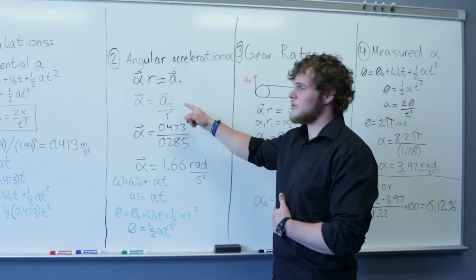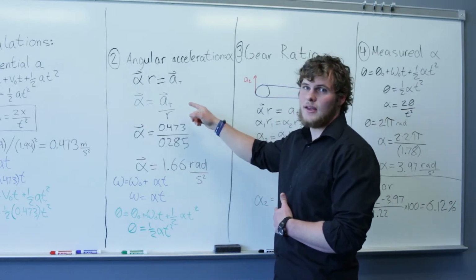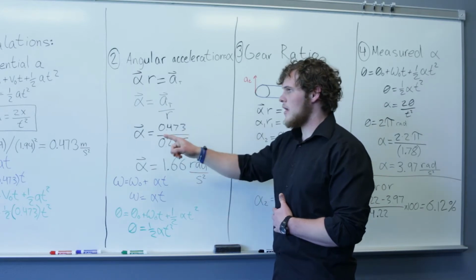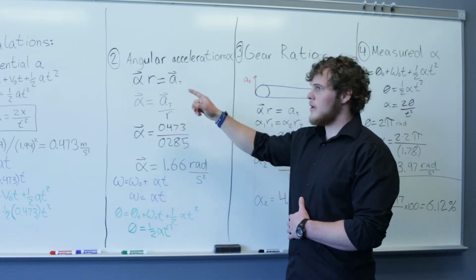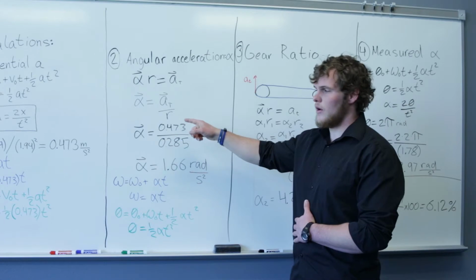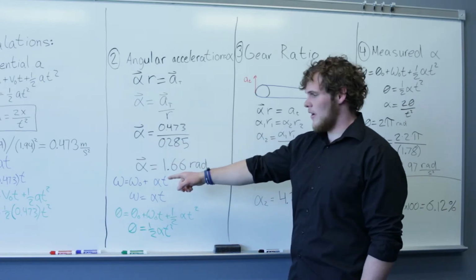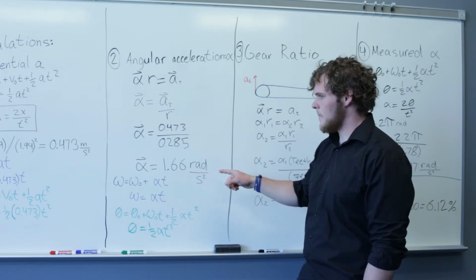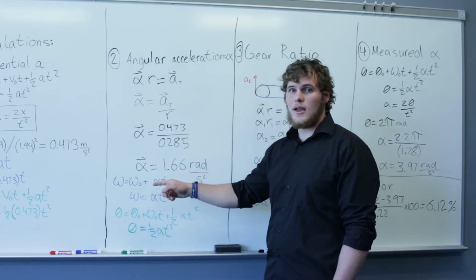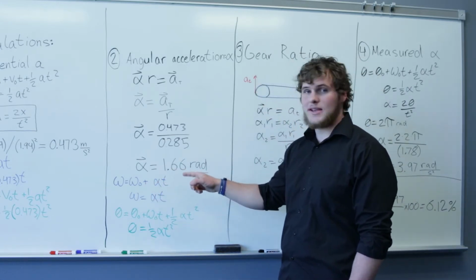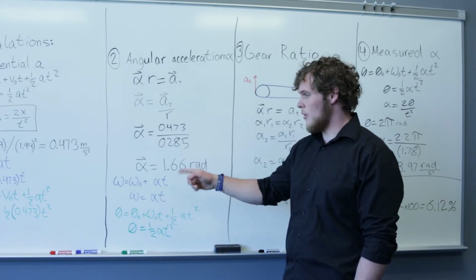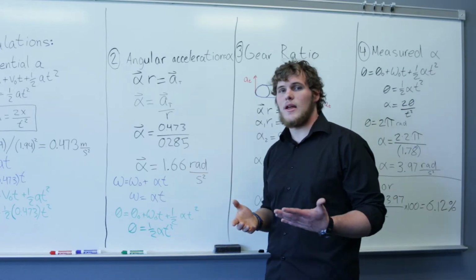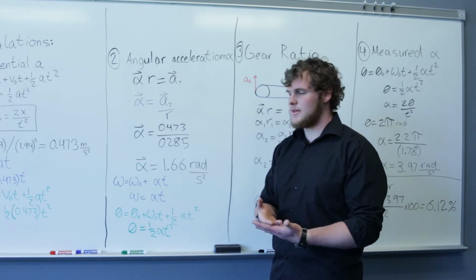If you solve the equation alpha r equals a_t, we get the equation alpha is equal to tangential acceleration over r. And the value we get for alpha is 1.66 radians per second squared. Using the equation omega equals omega naught plus alpha t, where omega naught is 0, we can calculate omega for any point in time.